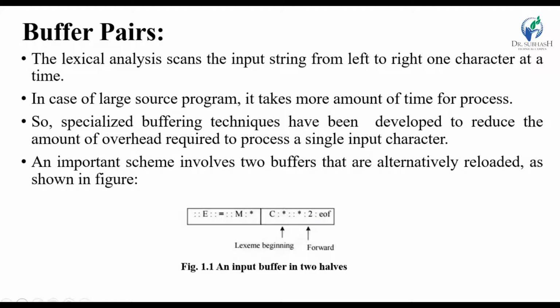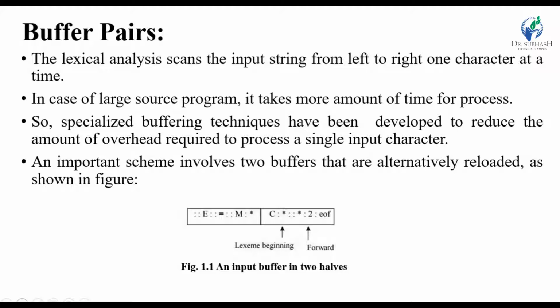In buffer pair, according to its name, it uses buffers in pairs. There are two buffers which have equal size. The lexical analyzer scans the input string from left to right, one character at a time. In case of a large source program, it takes more time for processing.